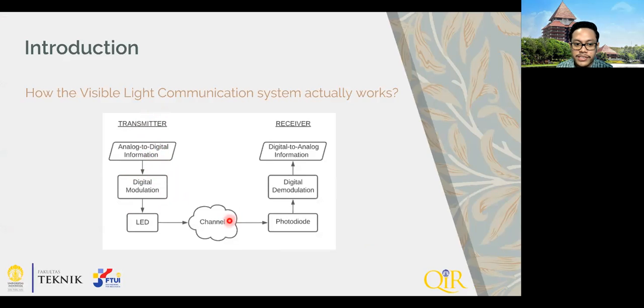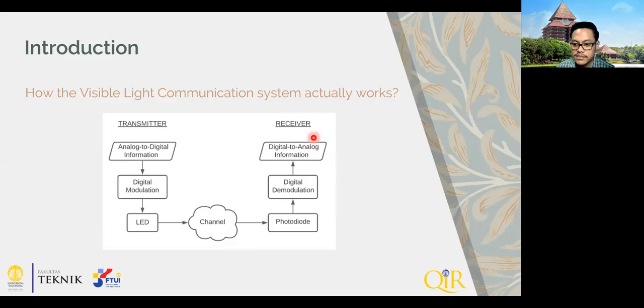The OOK modulation technique modulates the information in such a way so that if the information bit is considered as 1, the LED will light up. Otherwise, if the information bit is considered as 0, the LED will turn off.